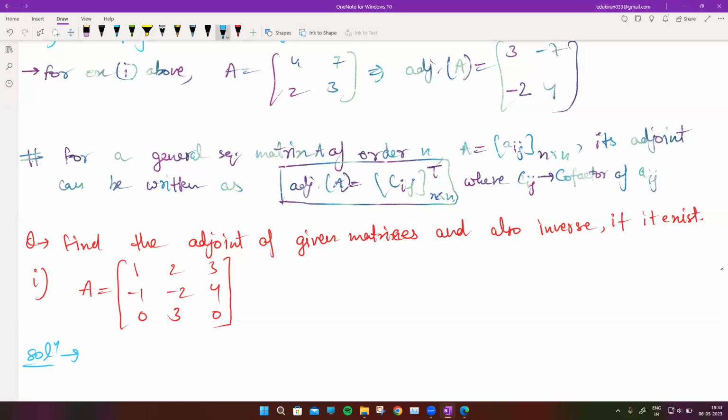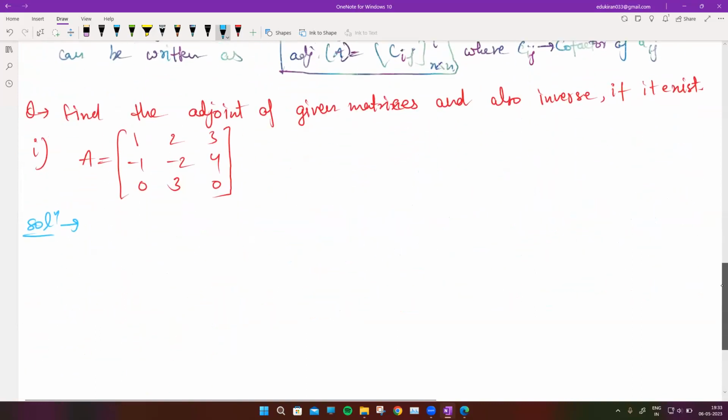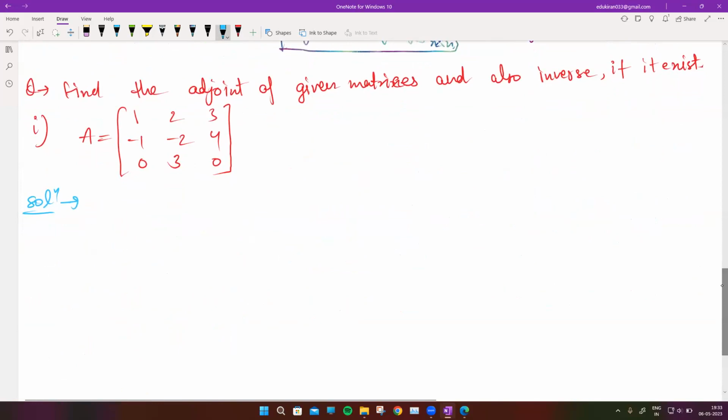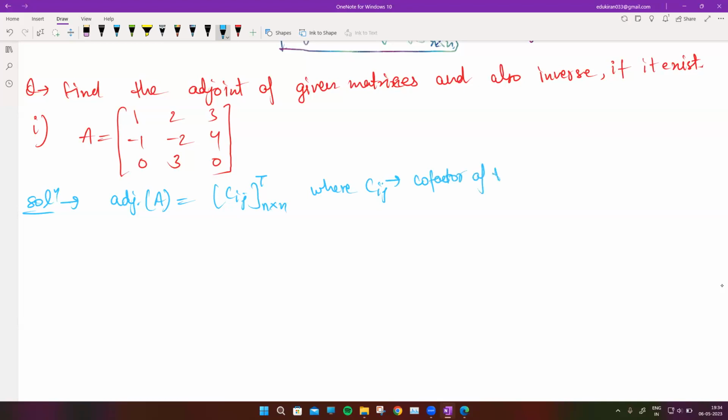So let's find the adjoint for this first of all. So we know how we can write the adjoint. To write the adjoint, first of all, the formula for adjoint of A is Cij transpose, n cross n, where Cij is the cofactor of the element which belongs to the ith row and jth column.